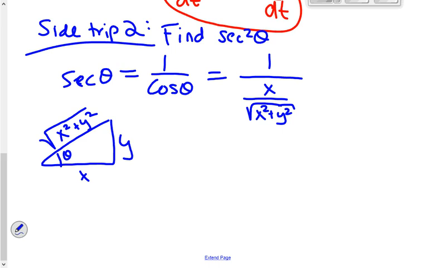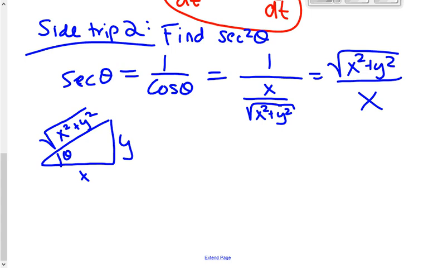Everybody with me? Sarah, are you with me? Okay, so cosine theta is adjacent over hypotenuse. It's all got to be in the denominator. And then a denominator of a denominator is a numerator. So this is going to become the square root of x squared plus y squared over x. Is that all right? With me?